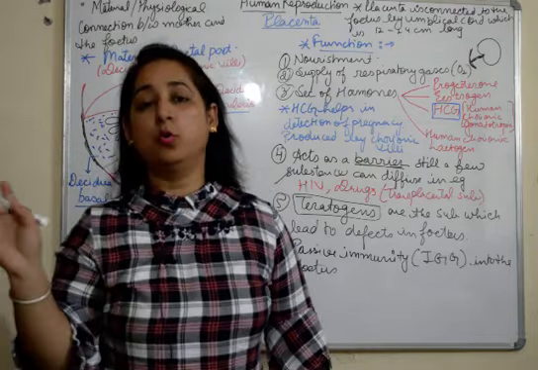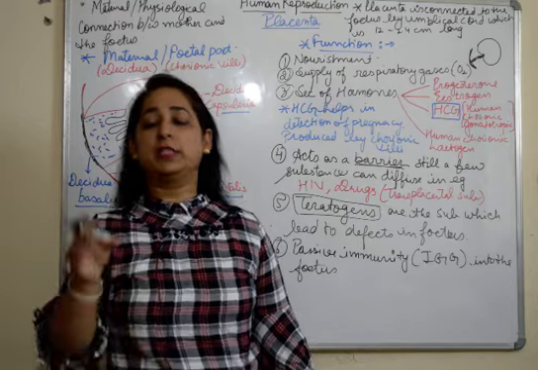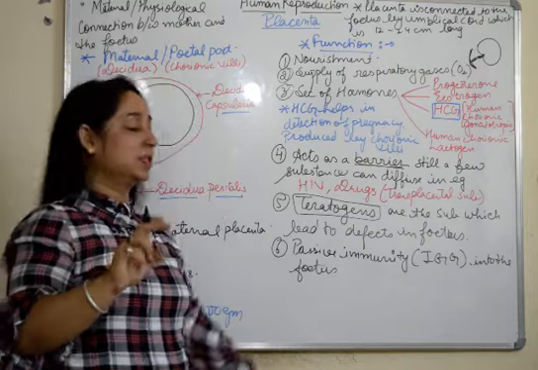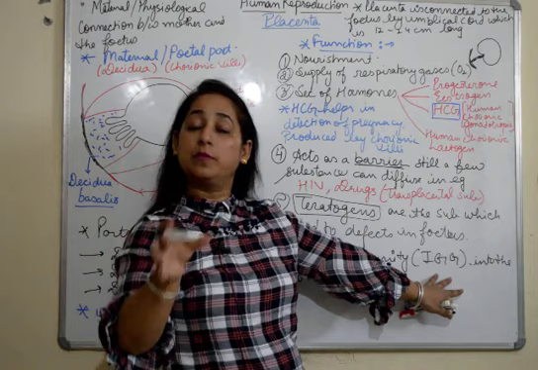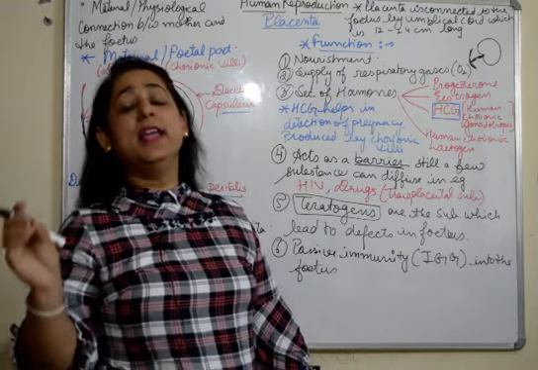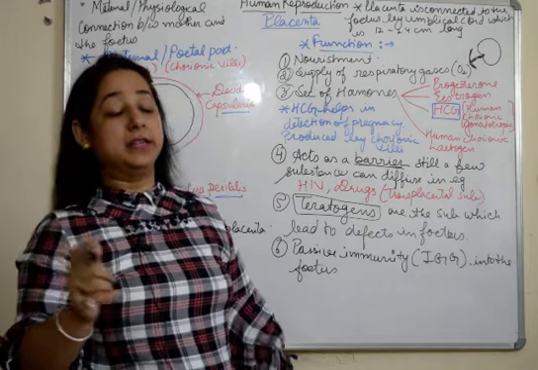It's no food, nothing. This immunity comes to the child from the mother's body. This is known as passive immunity, which is the passage of immunoglobulins, that is the antibodies, from the mother's body to the fetus, helping the fetus to fight the outside environment as and when it's born.